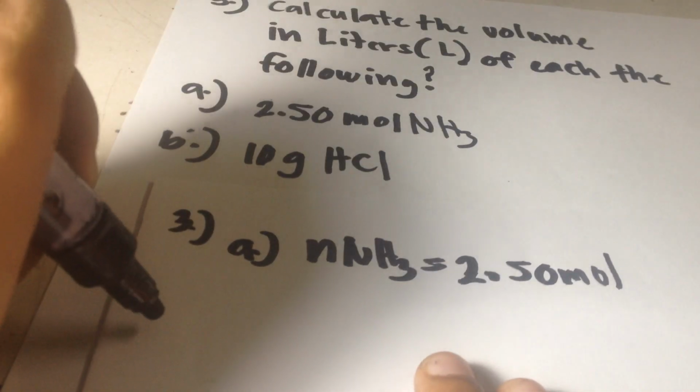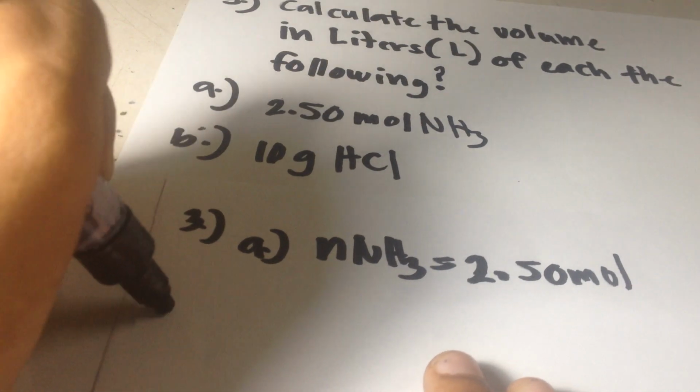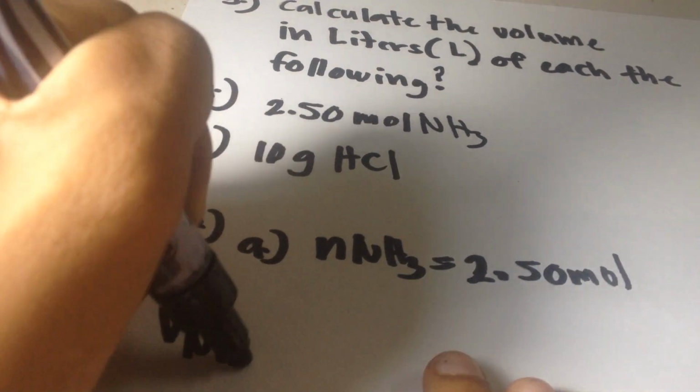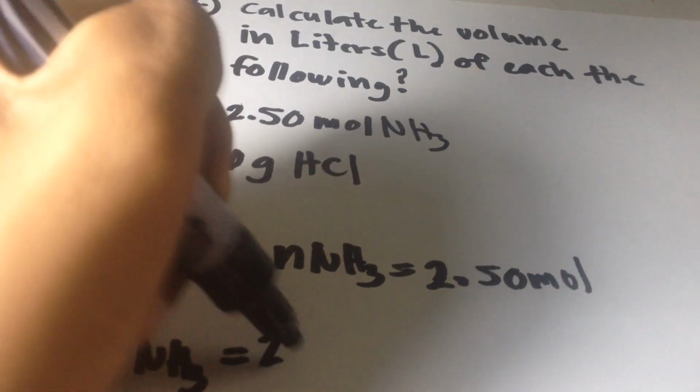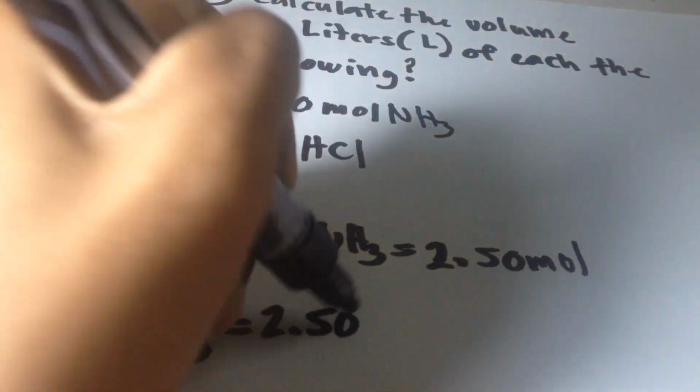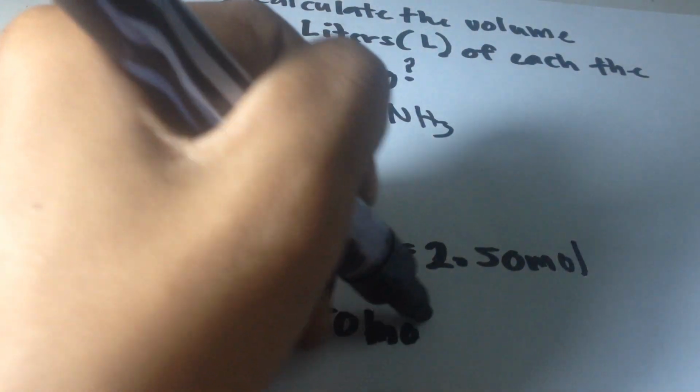So the volume of ammonia is equal to 2.5 moles of ammonia times 22.4 liters per 1 mole of ammonia.